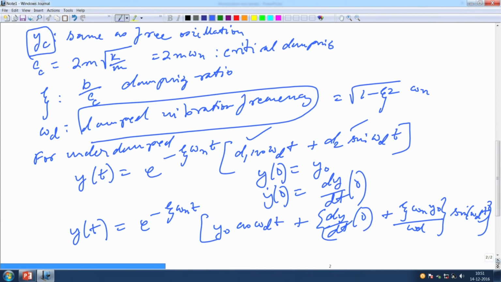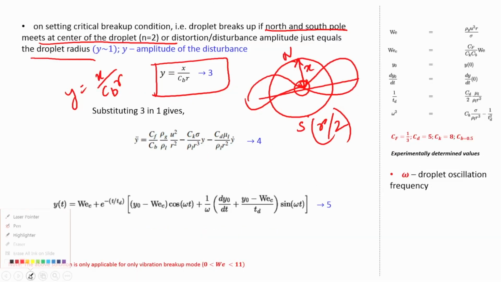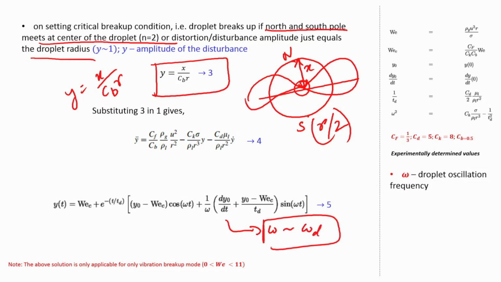Now, in this particular problem, if we go back to our PPT, what we have done is that instead of omega d we have used omega. So here omega and omega d are the same thing.